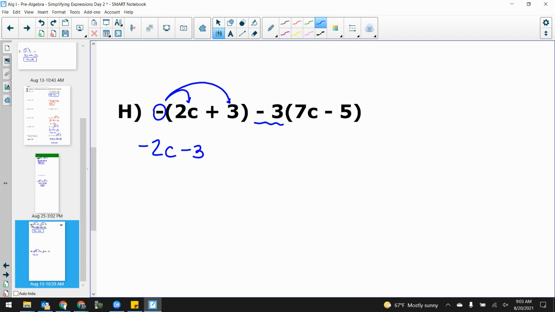This negative 3 gets distributed in. Negative 3 times 7 is a minus 21c. Negative 3 times negative 5 is plus 15.